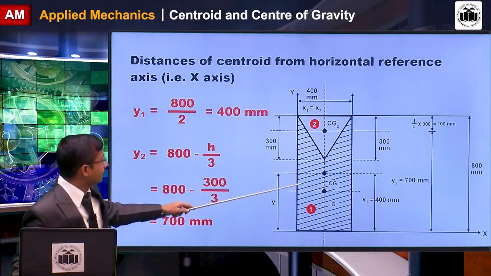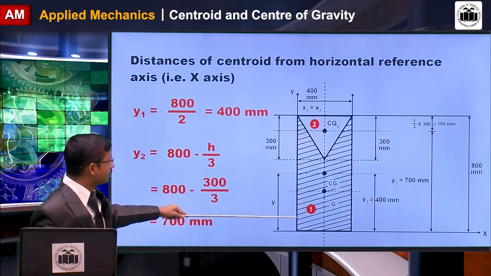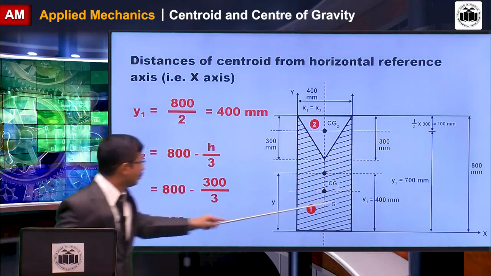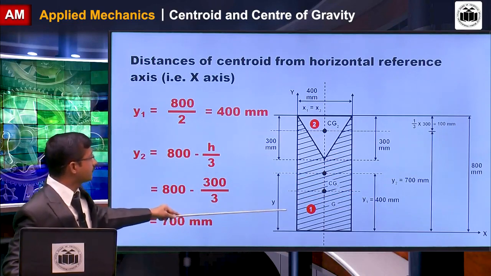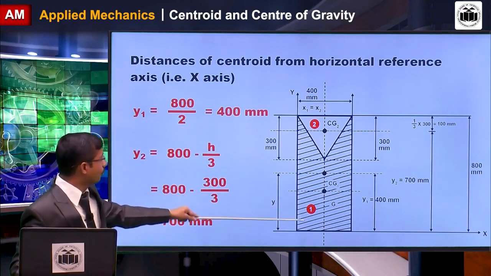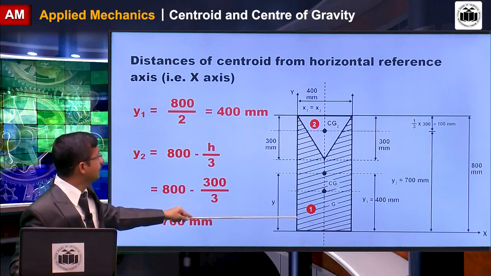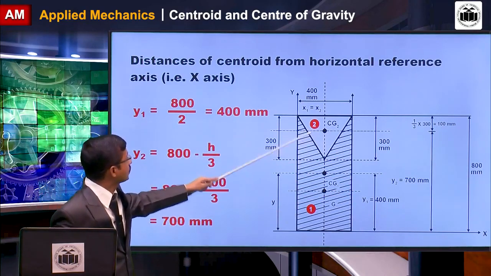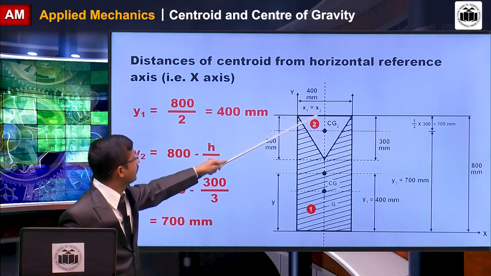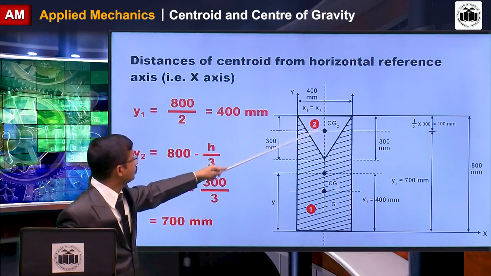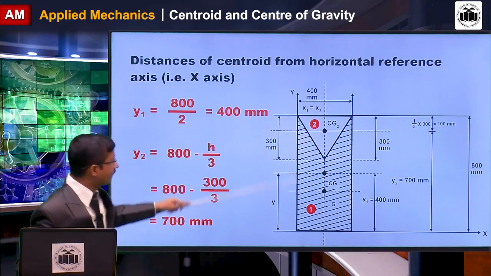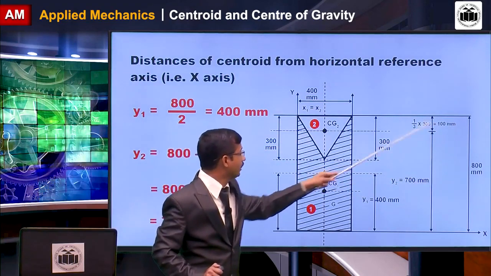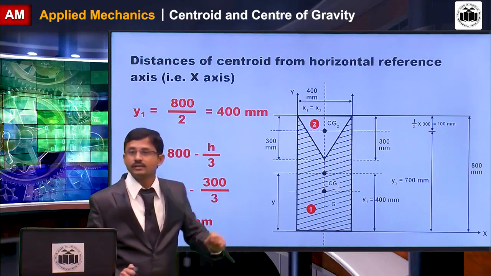Then you have to take care for the calculation of y1 and y2. y1 is considered as 800 divided by 2 from the base, and y2 is, for this triangle, you have to subtract h by 3, that is 1 by 3 into 300, so that is 100. The total is 800, so you will get 800 minus 100, y2 as 700.